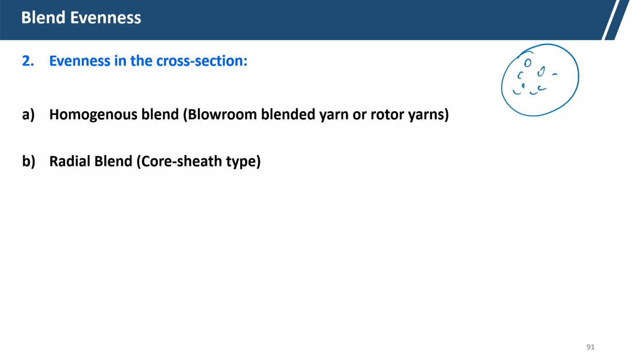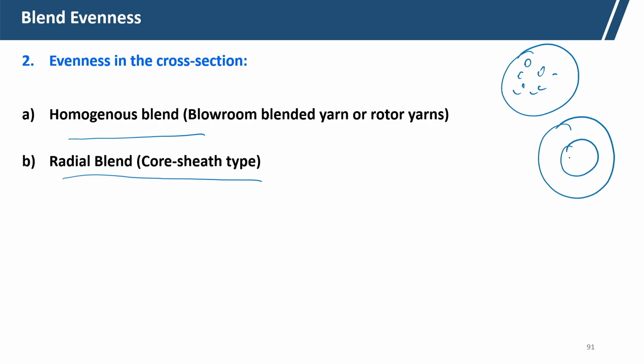And radial blend, the core sheath type blend, is also there. Here in the core zone, suppose it is polyester, and here it is cotton. This type of core sheath structure we sometimes intend to get for special purposes.